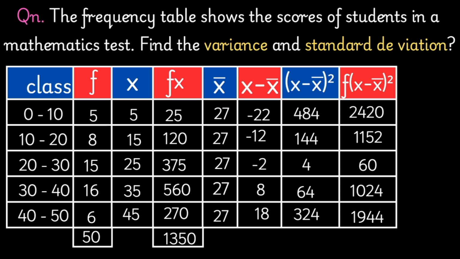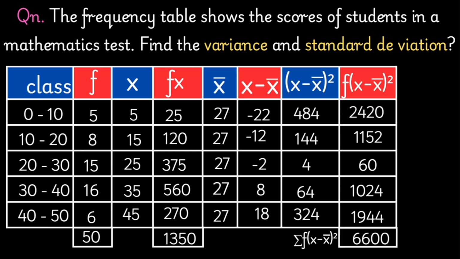Now from this, we need to get the summation of f(x minus x bar) squared. So we consider this column and add all these values, 2420 plus 1152 plus 960 plus 1024 plus 1944. This gives us a total of 6600.